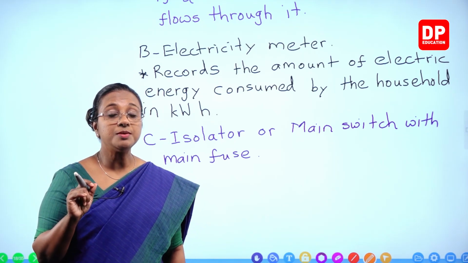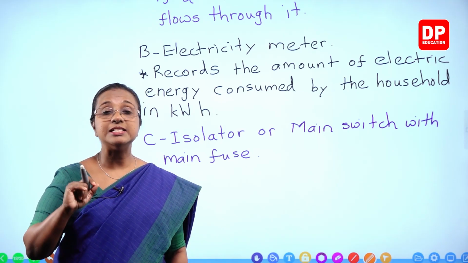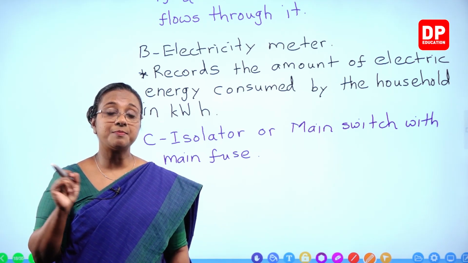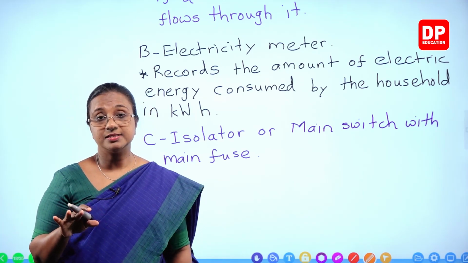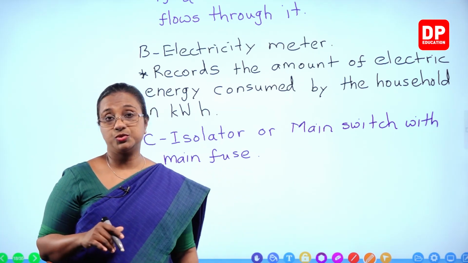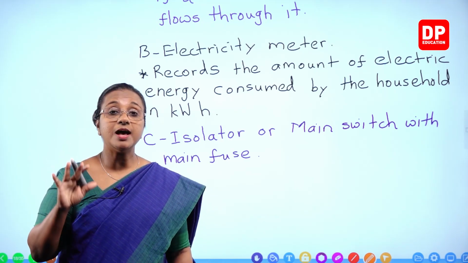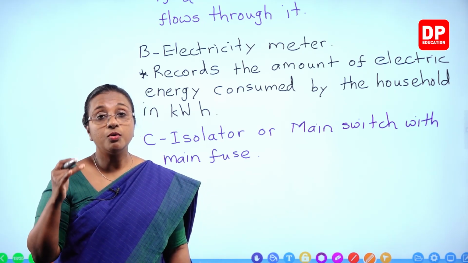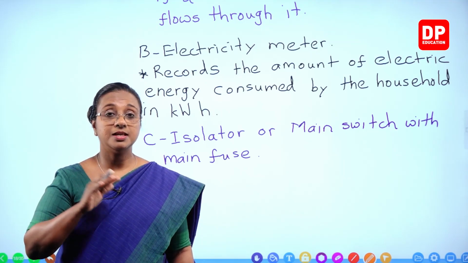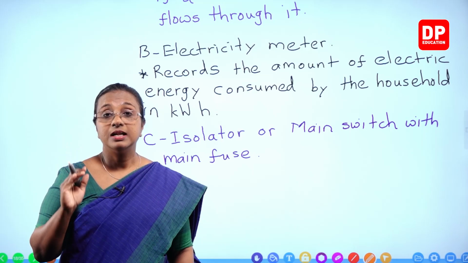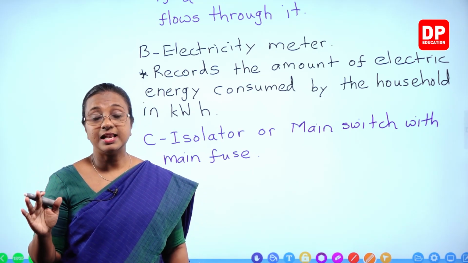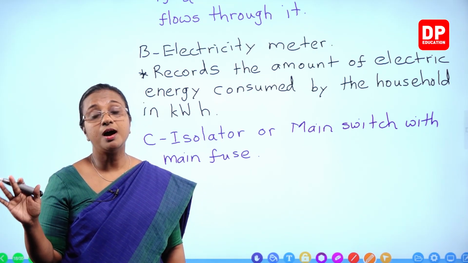You can use the main switch to manually disconnect the electricity supply to the household. That is possible. Otherwise, there is the main fuse. So if there is a current flow of over 30 amperes into the household circuit, then the isolator automatically disconnects the electricity supply to the whole household.